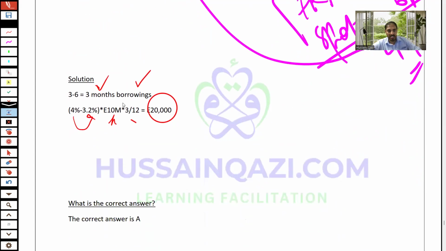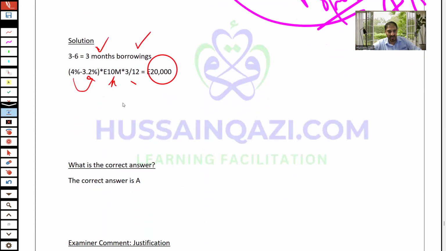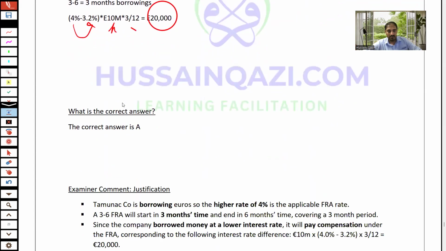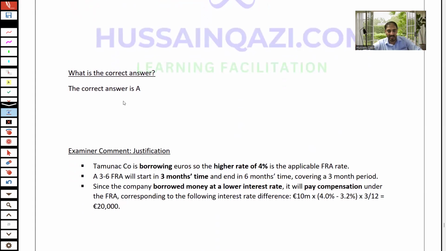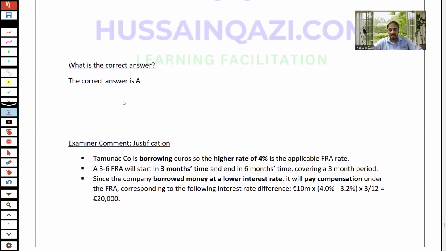Move on. The correct answer is A. First, we need to read the examiner's justification. What does the examiner say here? Temunic is borrowing euros at the higher rate, 4%. For the FRA, borrowing is always with the higher rate. 3-6 starts in 3 months' time and ends in 6 months' time, so the duration is a 3-month period.